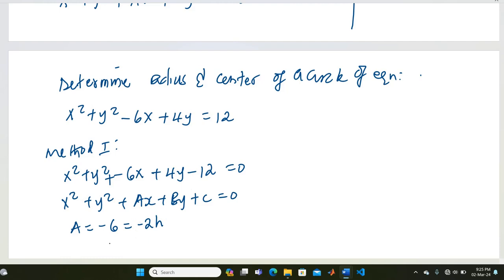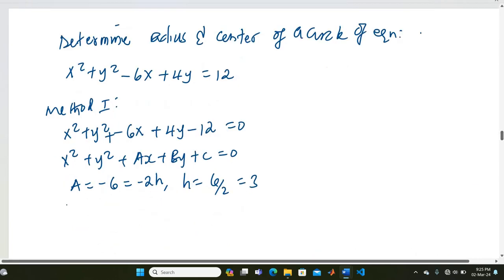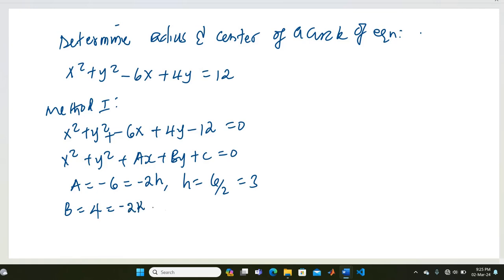So h is 6 over 2, which is equal to 3. Then b is 4, which is equal to negative 2k. So what does that mean? It means that k is equal to 4 divided by negative 2, which gives you negative 2.